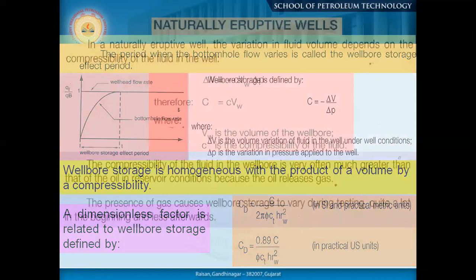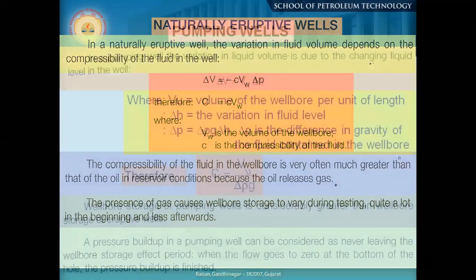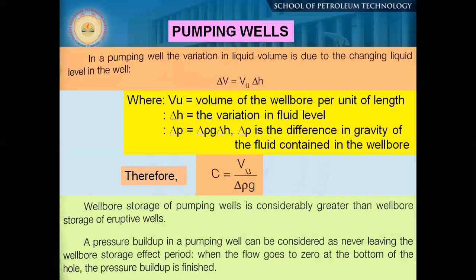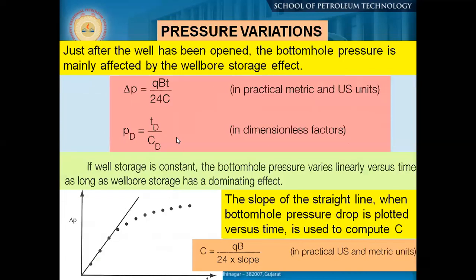For naturally eruptive oil, the calculation scheme is different. Then we have the pumping oil, where the calculation scheme is different. Depending on the value of the pumping rate, you should incorporate the parameters and calculate the wellbore storage effect. Then how long should we consider pressure variation?